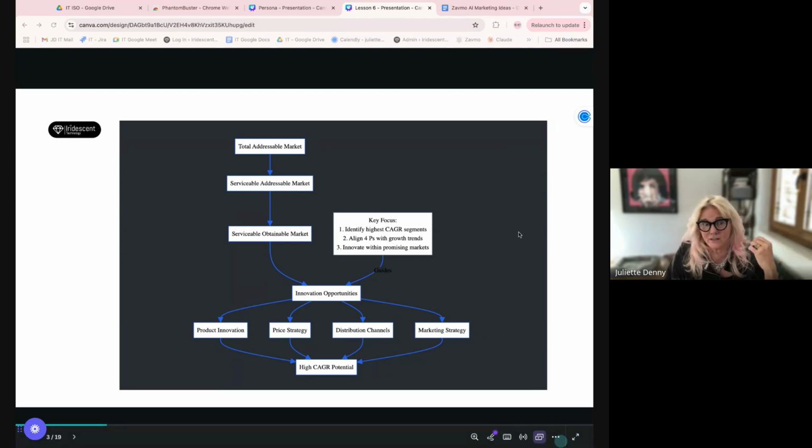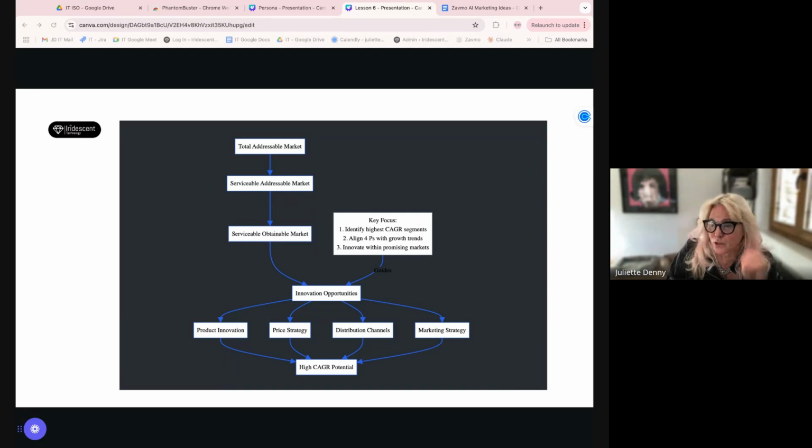And this is why I've always been slightly obsessed with them, because if you can find markets that are growing more rapidly, then obviously you can continue to grow and you can continue to be profitable as you move through. So that gives you an overview of what we're going to be discussing in this particular unit.